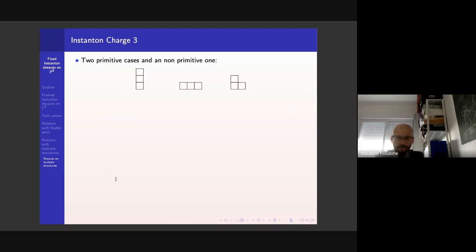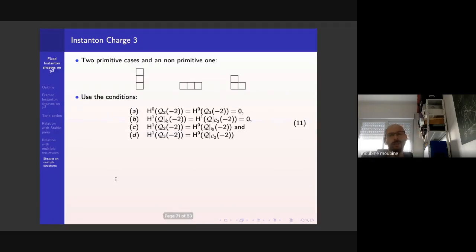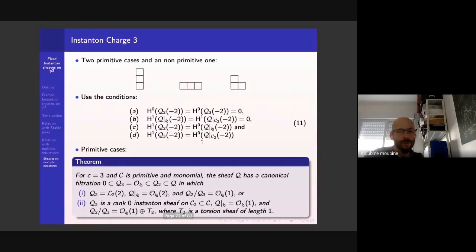So if I consider my favorite sheaf on this multiple structure, and impose the instantonic condition, in terms of the filtrations and their quotients, we can have these conditions, and we use them to prove that for the primitive monomials, this one and this one, for each one of them, we have 2 cases.